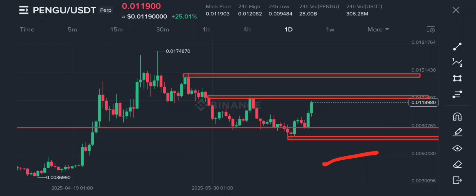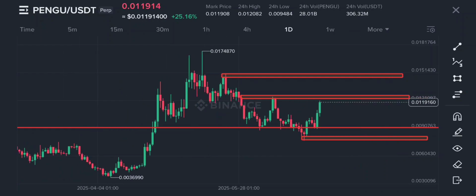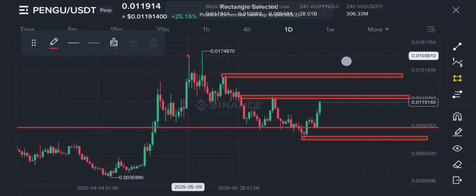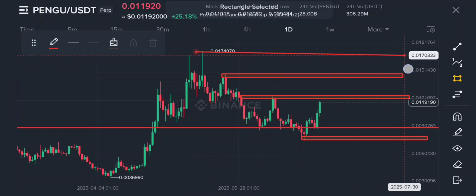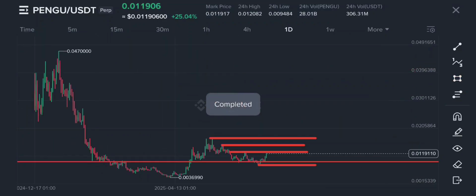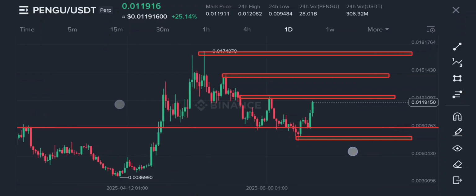So which other area of interest do we have here? Okay, we also have something up here. As you can see, this is another point of interest. So let's work with this for now.